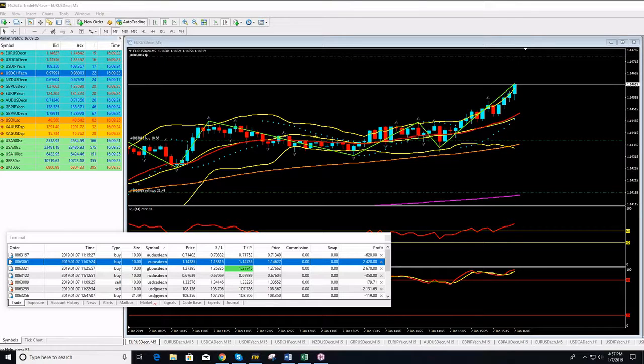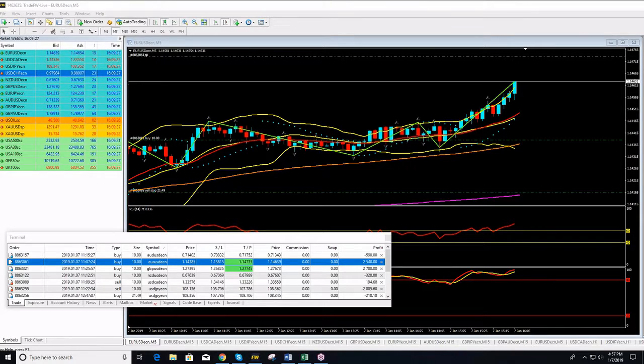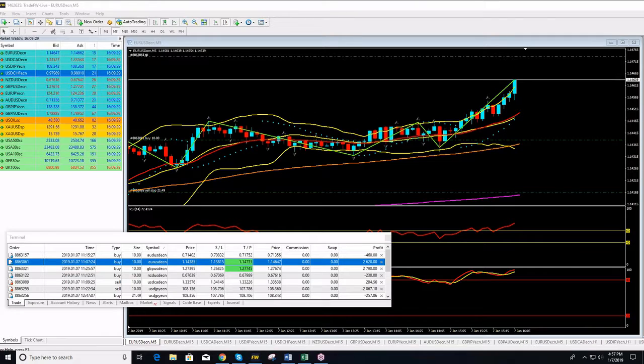Basically, we are expecting ISM non-manufacturing PMI and factory orders for the United States dollar at 3 p.m. UTC time, and at the same time, we are waiting for the Ivey Purchasing Managers Index for the Canadian dollar. Euro dollar is climbing to the upside, guys, and I absolutely love what I see here.